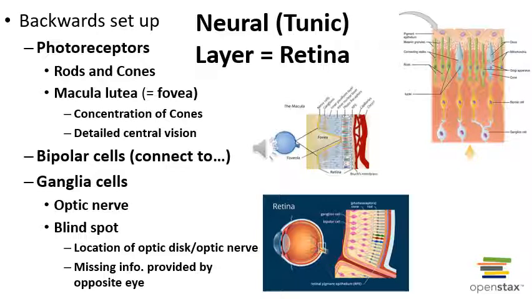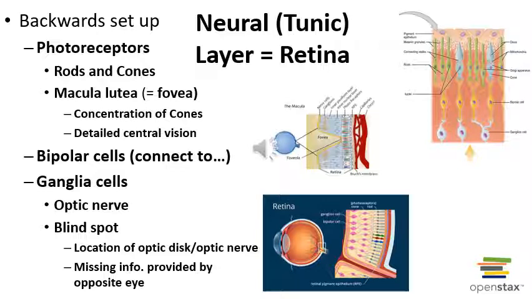But interestingly enough, if you take a look at our illustration, you'll notice that the light is shining on the retina, but what's on the surface of the retina are all of the neurons, all the axons. It's the photoreceptors that are actually located behind those. So as the light is striking the retina, it's not striking the photoreceptors immediately, it's striking the neurons that are ultimately connected to those receptor cells.